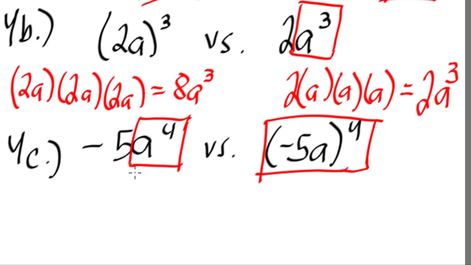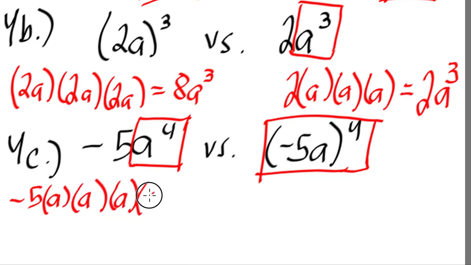So what does this first part look like? It looks like this: negative 5 times a times a times a times a. Okay, so we multiplied a 4 times because it's a raised to 4. So it's going to give us negative 5a to the fourth.